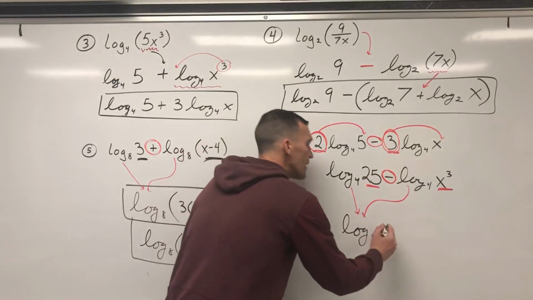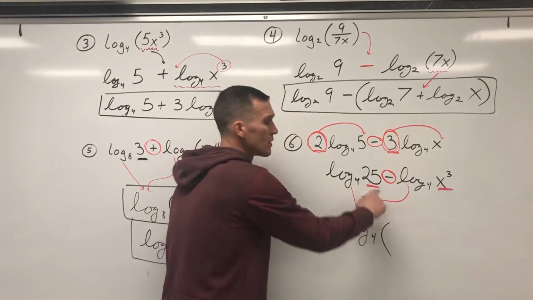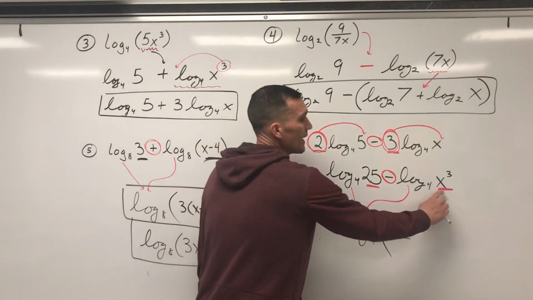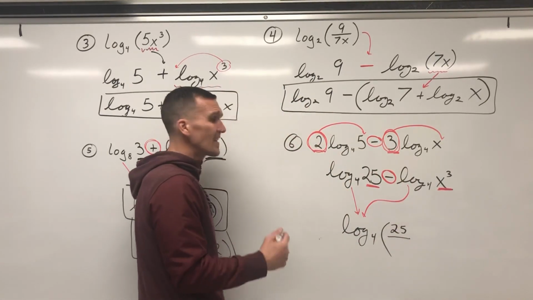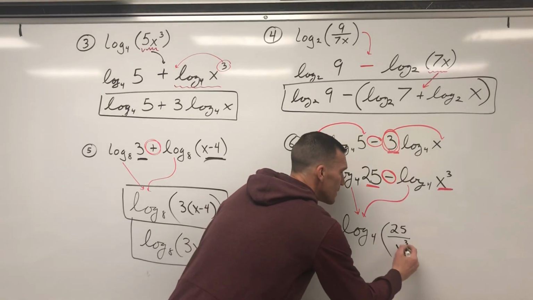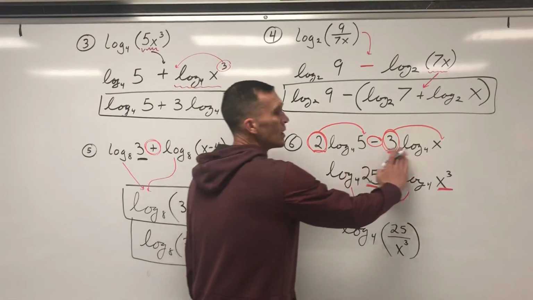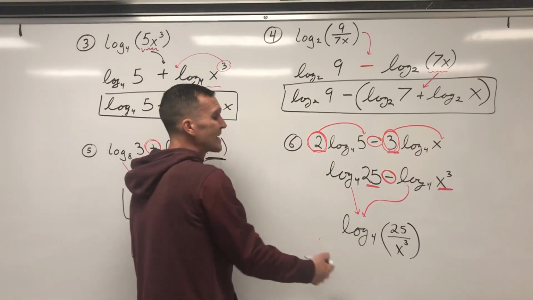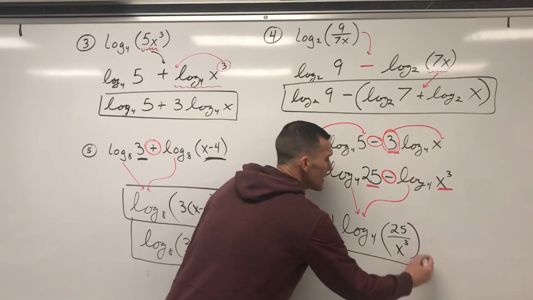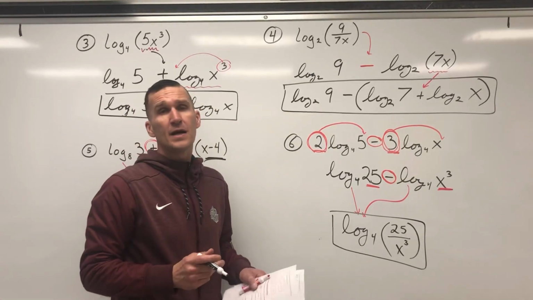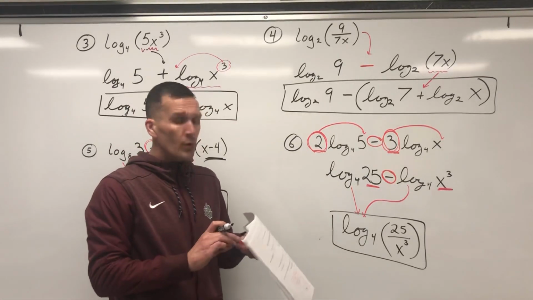So 25, or the argument of the first logarithm, is the numerator, divided by x cubed, which is the argument of the second logarithm, is the denominator. And now we have a very long log problem condensed into a single logarithm. And that is really going to help us out with our notes going forward.